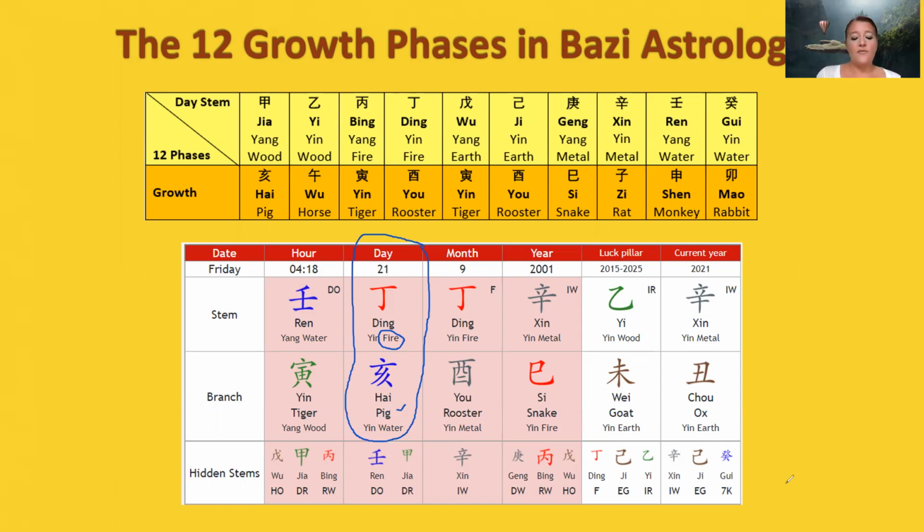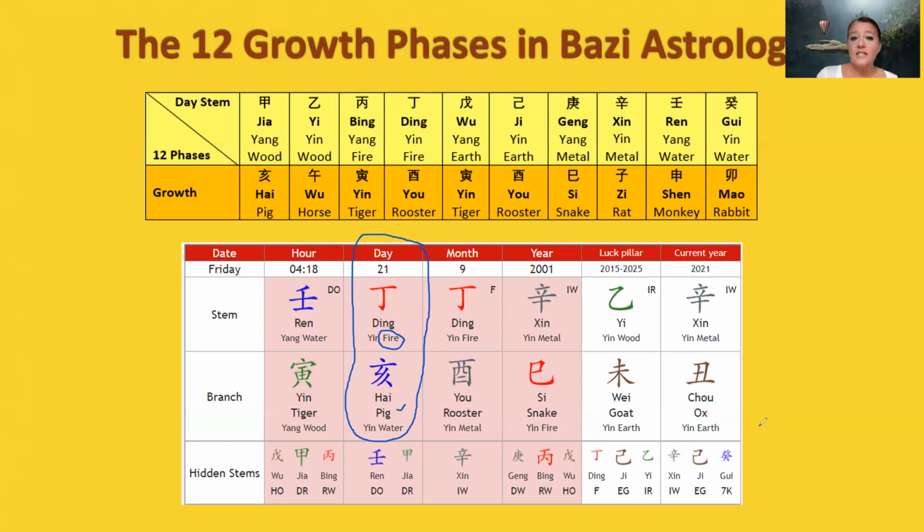Now, this one here is a fire pig. But if you have a fire tiger or a fire rooster or an earth tiger or an earth rooster or a water monkey or a water rabbit, those six only. There are six specific day pillars that we look at.